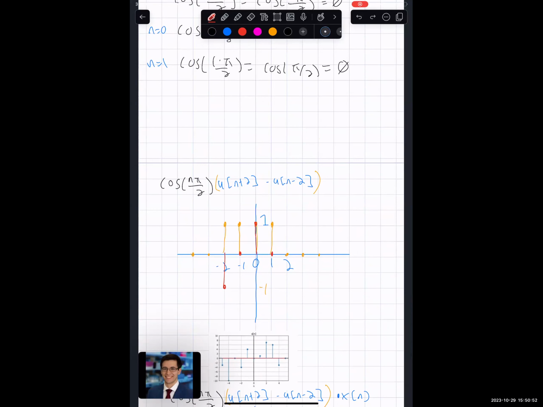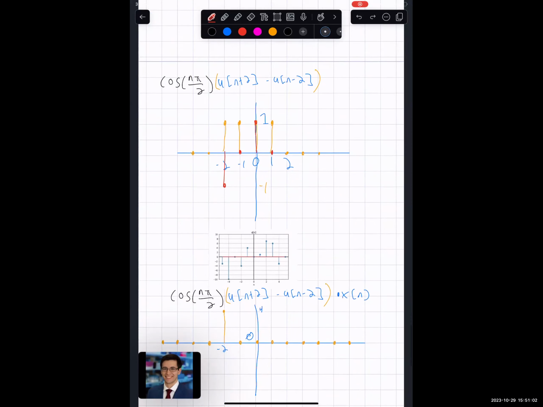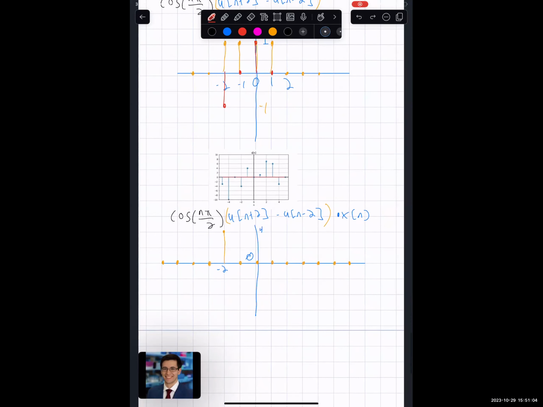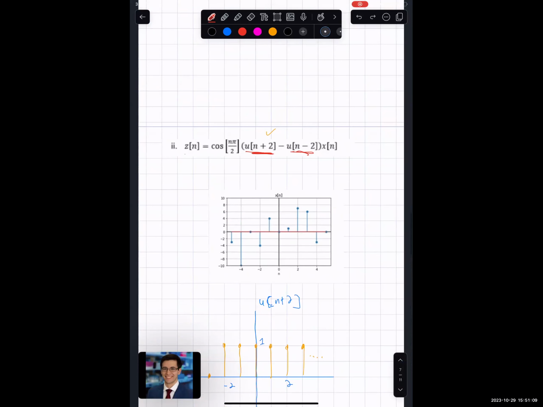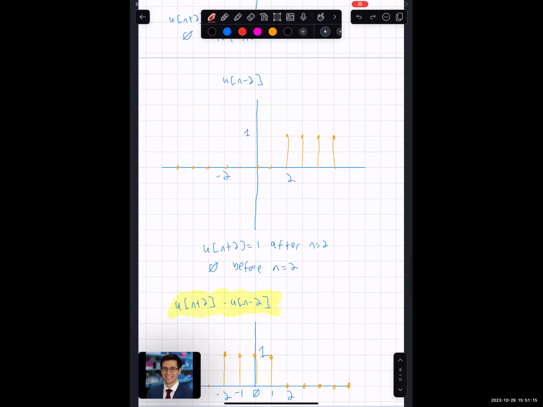So what this means is now we only care about two timestamps, n equals -2 and n equals 0. And by care, I just mean those will be the non-zero ones, right? Everything else will be 0 no matter what. And so now we're ready. We have all this extra stuff that's being multiplied to our x of n. We have all the extra stuff figured out, and we just have to multiply it to the initial function to get z of n.